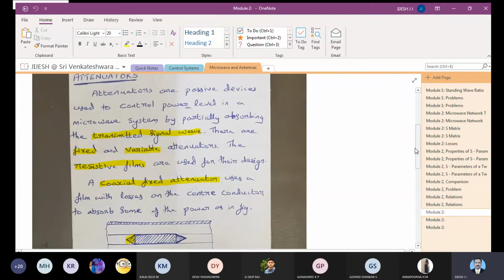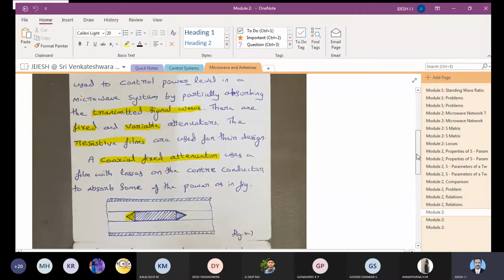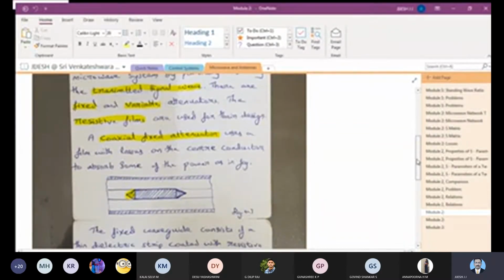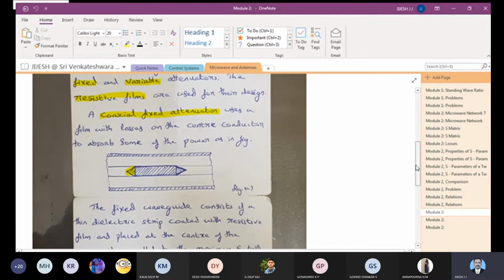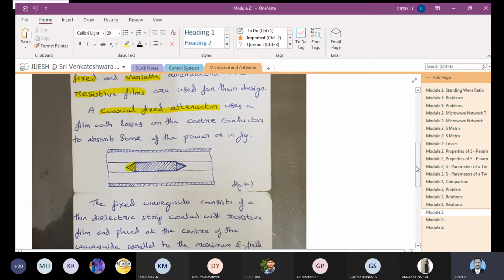We have also seen that there is a coaxial fixed attenuator which is placed in the center of the transmission line. The fixed attenuator completely blocks the signal. We have also seen that there are some tapered edges at the corners of the resistive film.